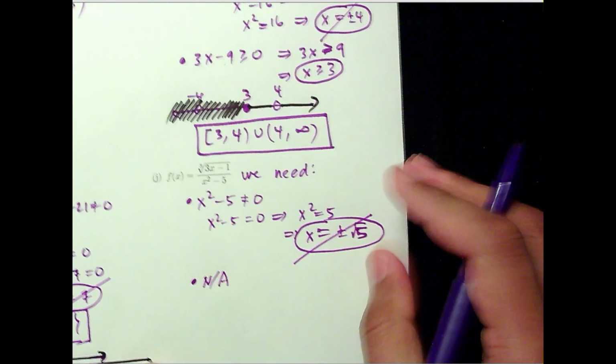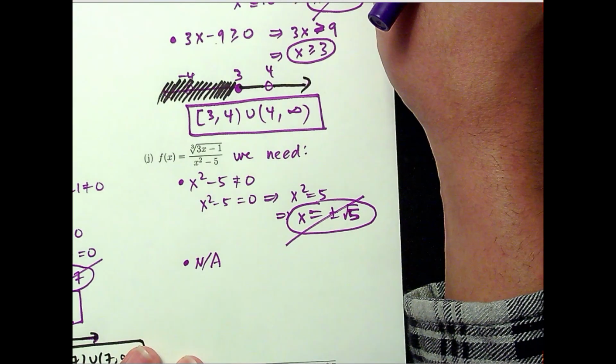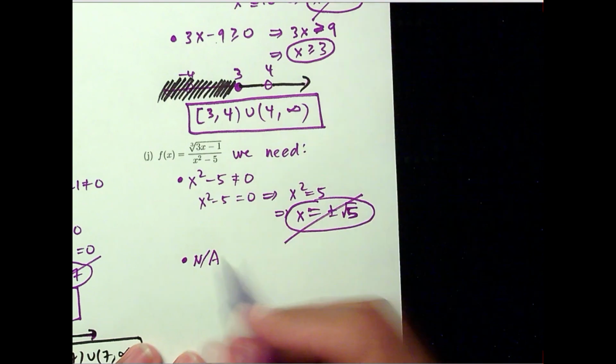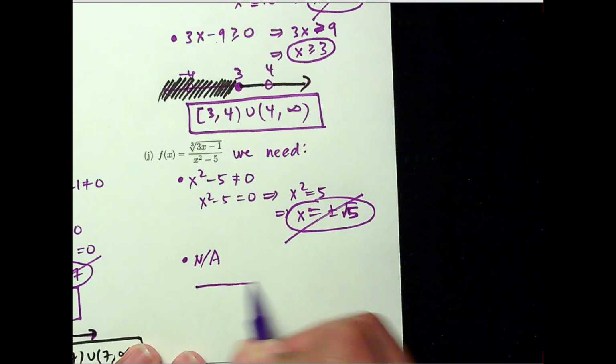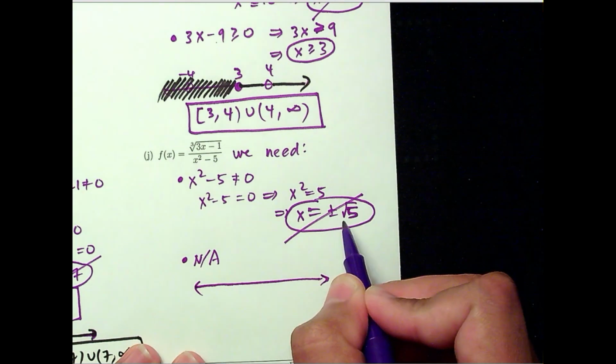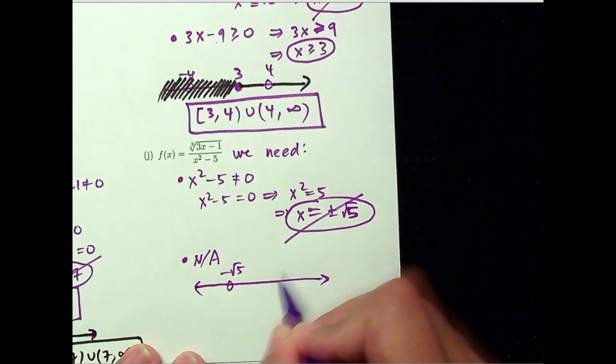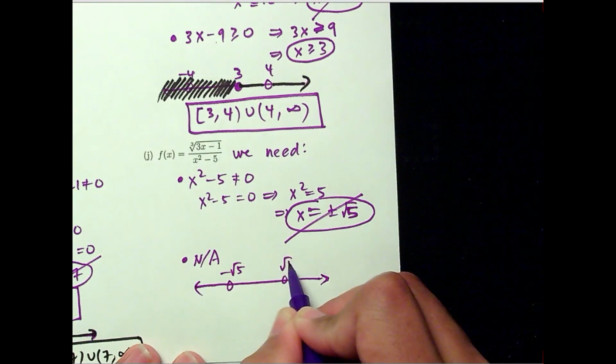So that means we're done. So when we write the final answer, this is the only thing that needs to happen. I need to discard negative square root of 5 and square root of 5.